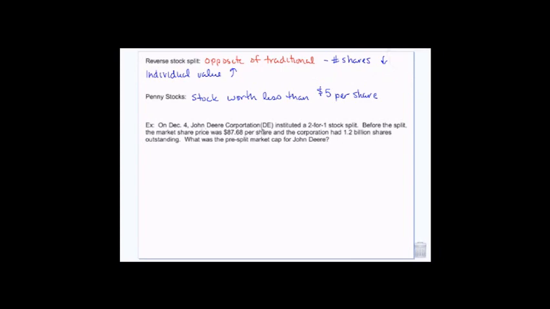John Deere Corporation, DE, instituted a 2-for-1 stock split. Before the split, the market share was $87.68 per share, and there were 1.2 billion shares outstanding.